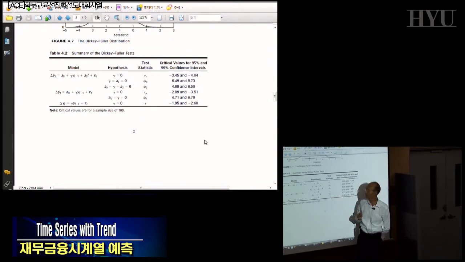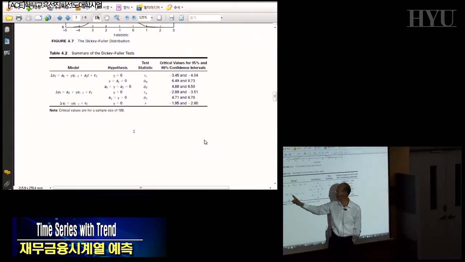The reason why we are considering these different situations is the empirical distribution of a test statistic like this one under various situations actually depends upon whether you have this one or a time trend in your model.